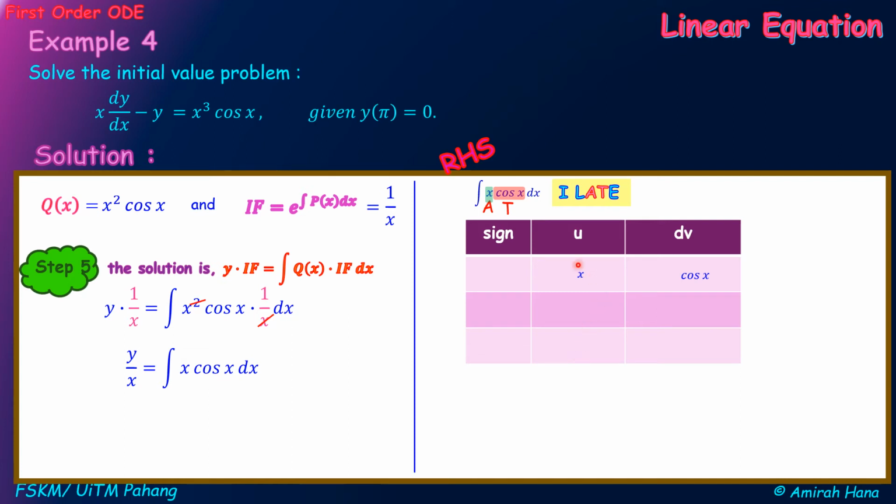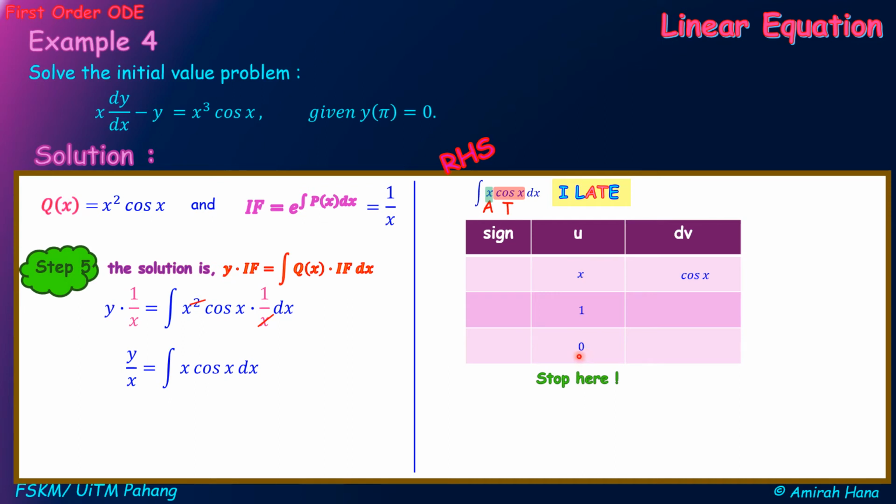When we have an algebraic function, we need to differentiate until we get 0. Remember, we differentiate in column u. From x, when we differentiate, we get 1. Then we differentiate 1, we get 0. We stop here because now we have the answer 0.